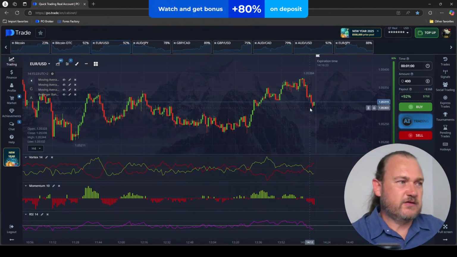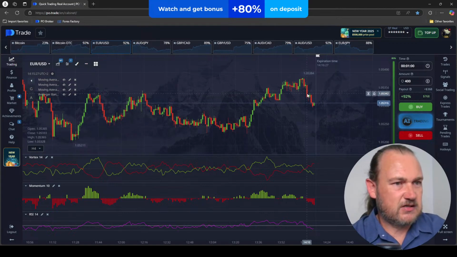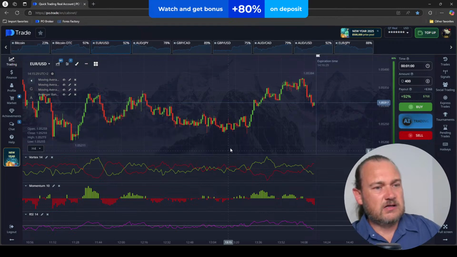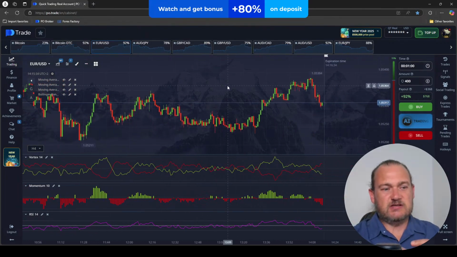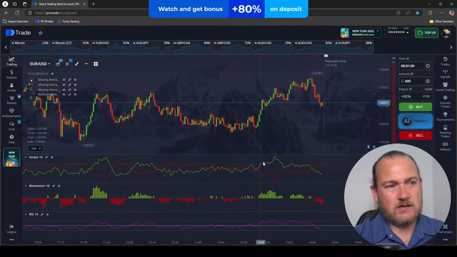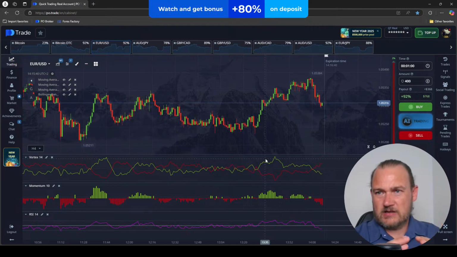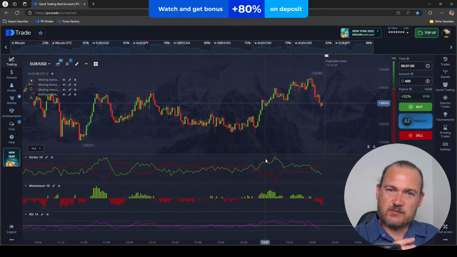So let's see if we can find a few practical examples. We unfortunately missed this trade here, but we should be able to find a few examples. It's a really simple strategy. Like I said, you're going to need a little bit of patience, and you're going to need to combine momentum and trend.